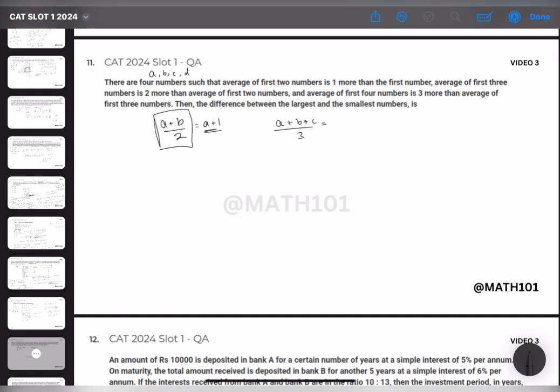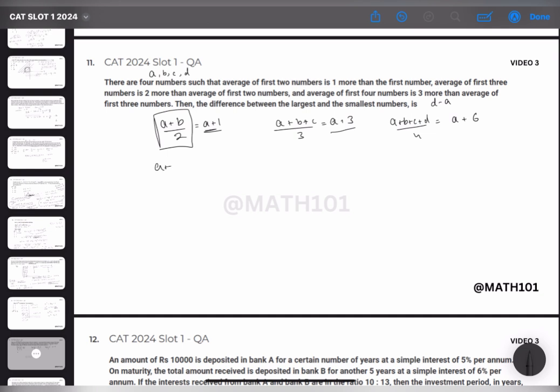Then 2 more than that is a plus 1 plus 2, that is a plus 3. And the average of the first 4 numbers is (a plus b plus c plus d) by 4. It's 3 more than the average of the first 3 numbers, that is a plus 3 plus 3. We have to find d minus a.